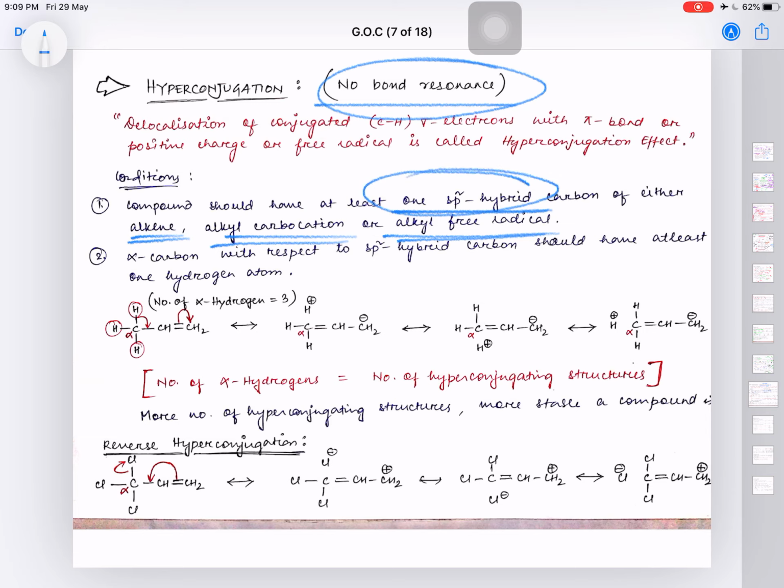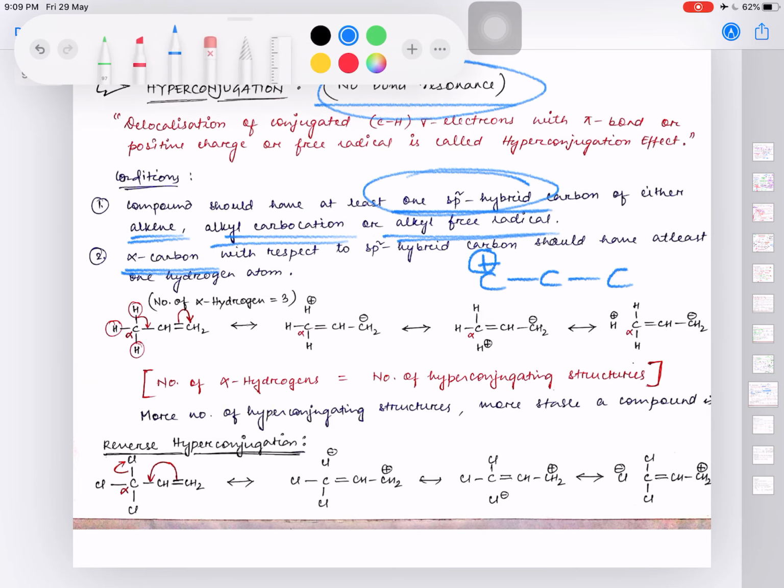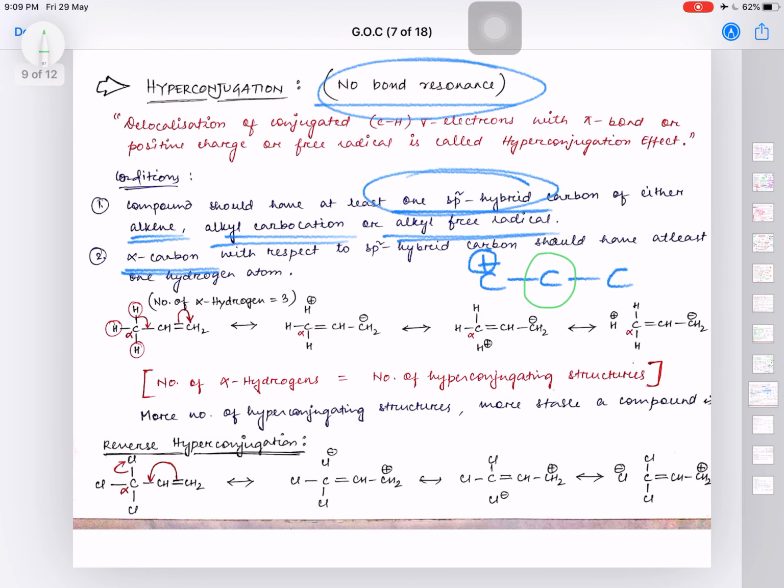The second point is that an alpha hydrogen should be present. Alpha hydrogen means, say you have a carbocation carbon, then the next carbon, then another carbon. The carbocation carbon is connected to the second carbon, and this second carbon is called your alpha carbon.